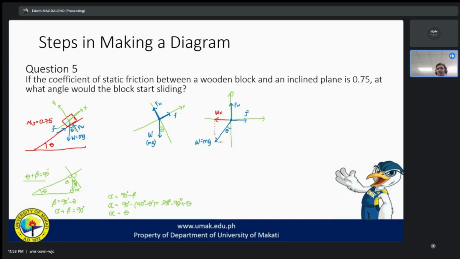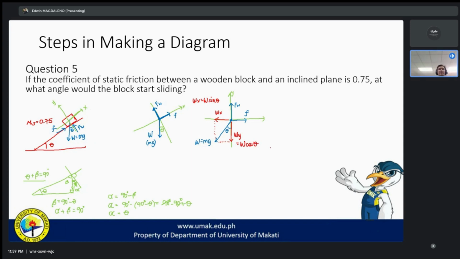And we have here the weight along the y. Of course, this is the same here, Wx and theta, that sign. So Wx is equal to W sine theta, and Wy, since this is adjacent or beside theta, is W cosine theta.